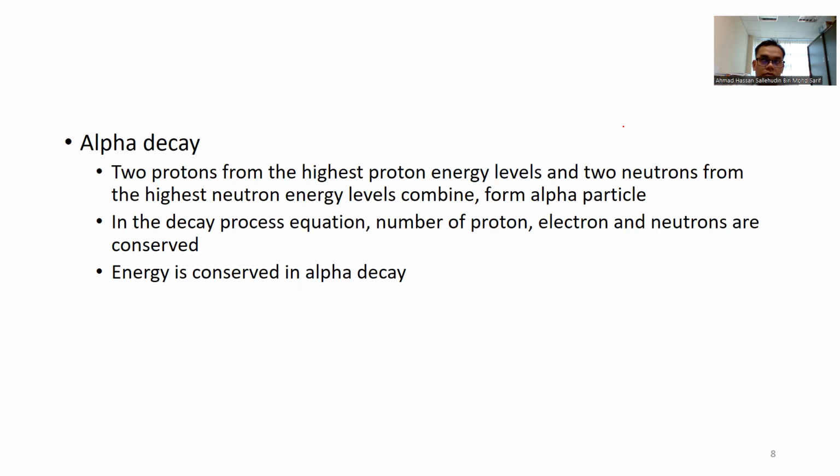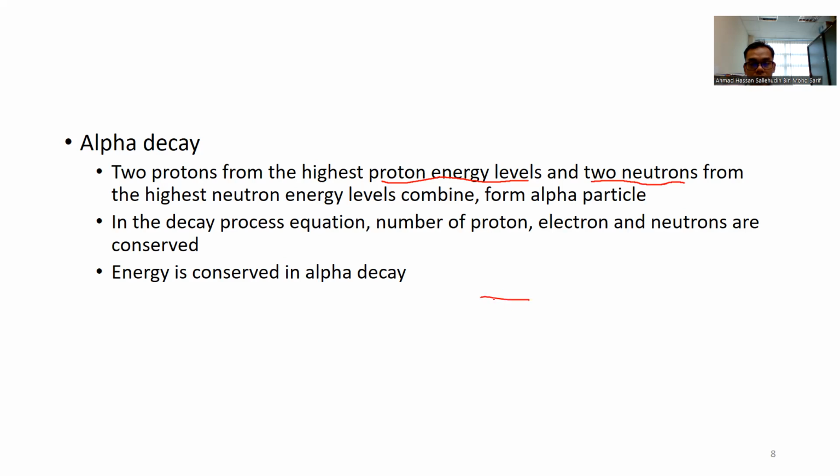The nuclide wants to release two protons and two neutrons. There are many protons and neutrons inside the nucleus, so which ones will be selected? The answer is two, selected from the highest proton energy level, and two for the neutron.